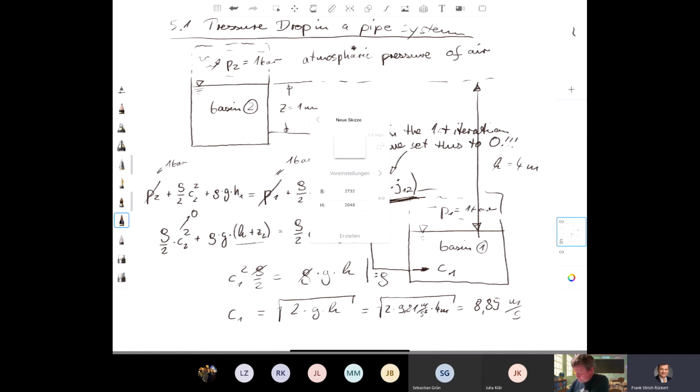So C1 is 8.85 meters per second. And now I want to know, is the flow laminar? I take this first estimation of C1 to estimate if we have laminar or turbulent flow.